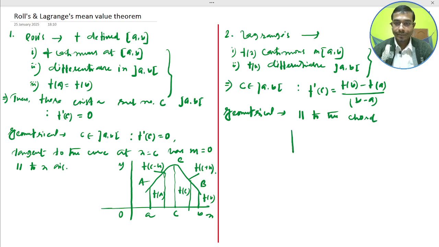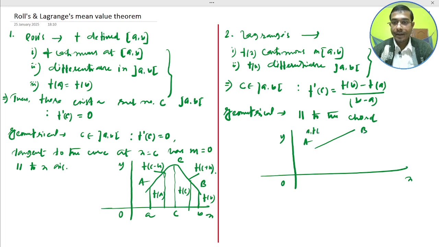Graphically, take the x and y axes. Suppose this is a chord AB. This is point A, f(a), and here is point B, f(b).